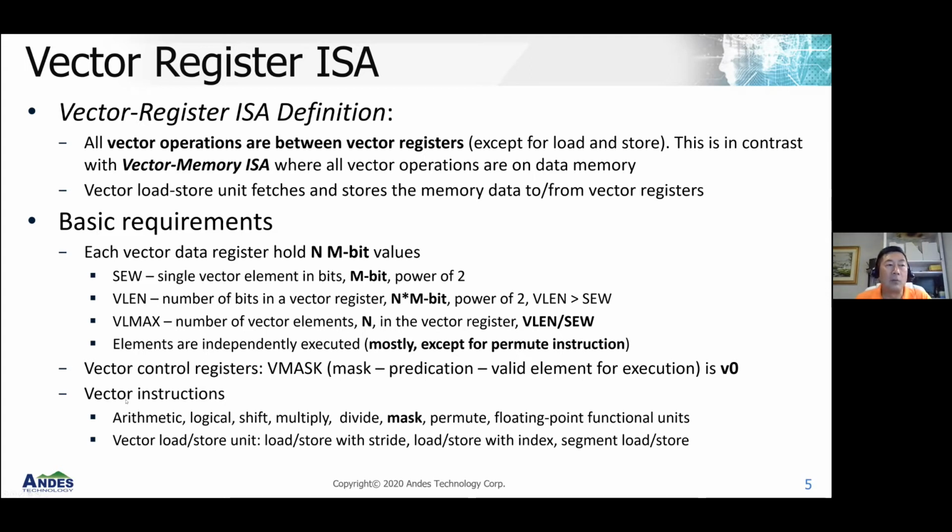The vector instructions include all the compute instructions, including the mask and the permute. The vector load/store unit handles the load/store, and there are 3 basic types: with stride, with index, and segment load/store.